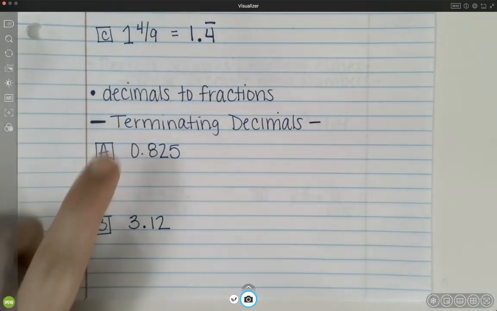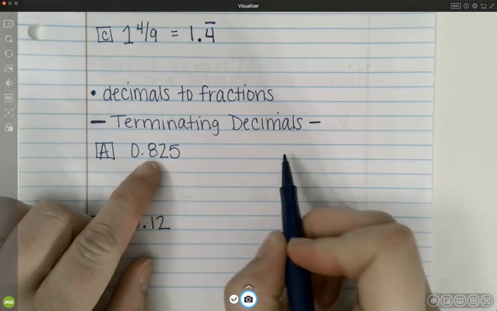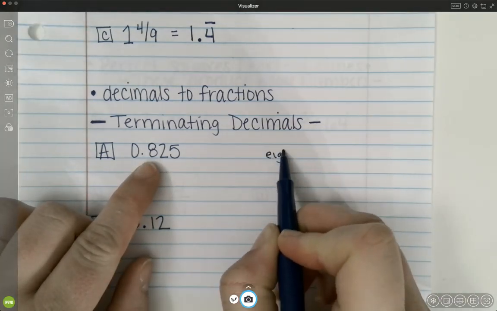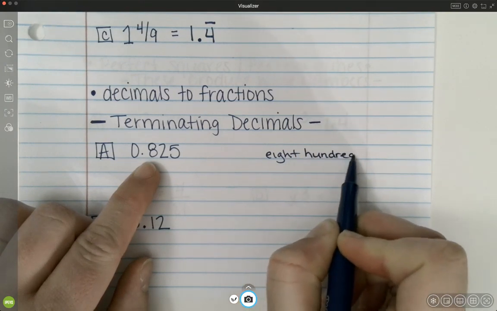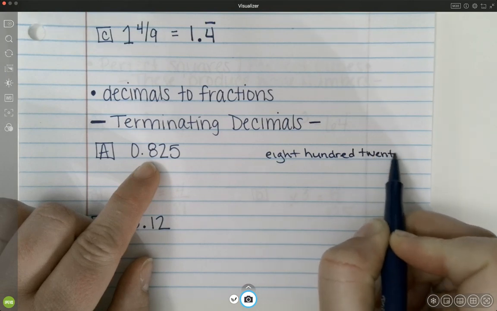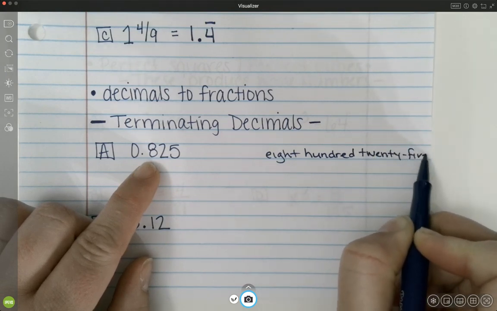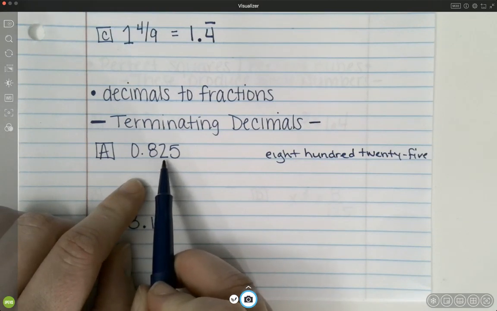A terminating decimal is the easiest one to work with, because we have to read it exactly how it says. So this would say 800 and 25, and then we need place value. We have tenths, hundredths, thousandths.